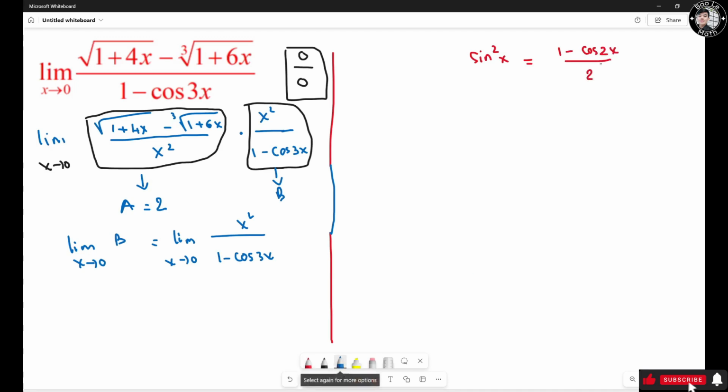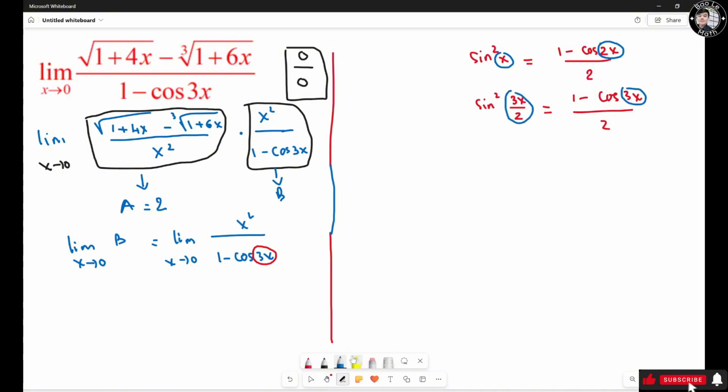Observe that this angle is double this one. Now the angle right here is 3s, so this turns out to be sine squared of 3s over 2 equals (1 minus cosine of 3s) over 2. Look, this one always is double this one.